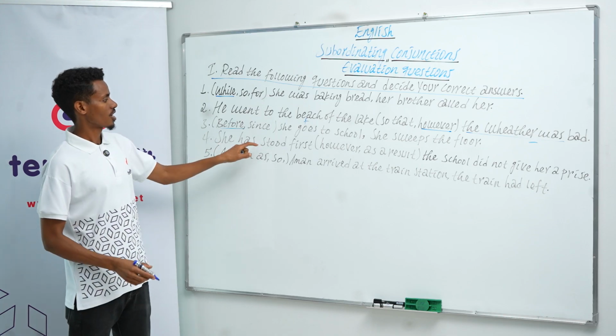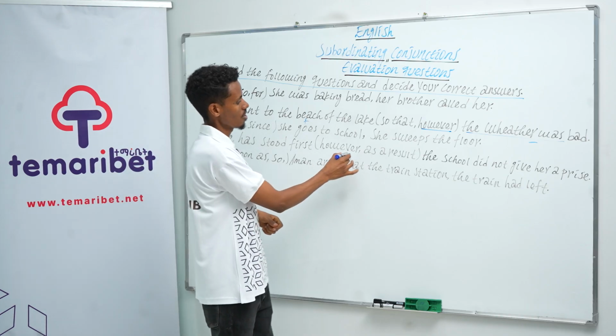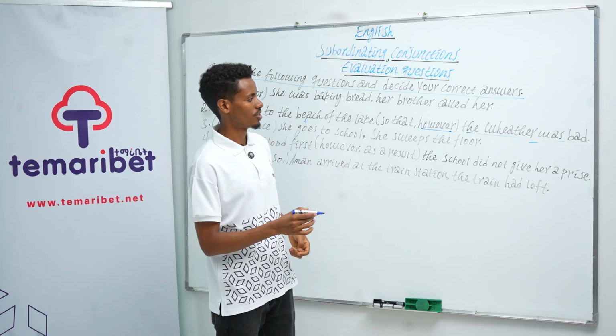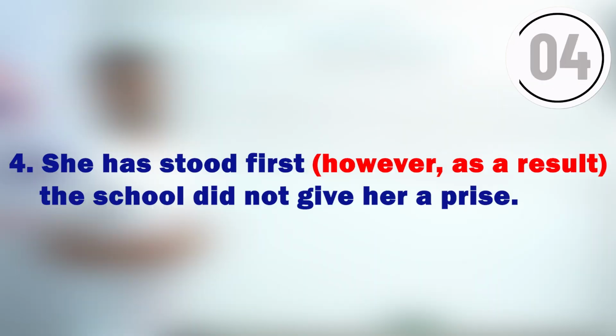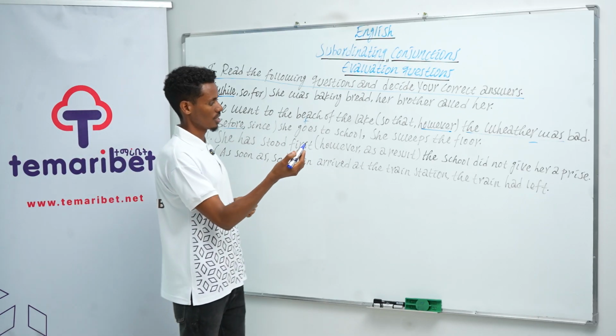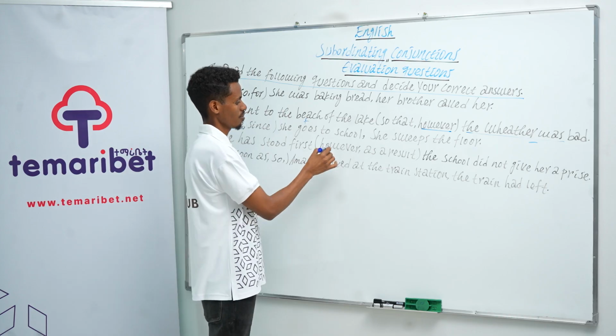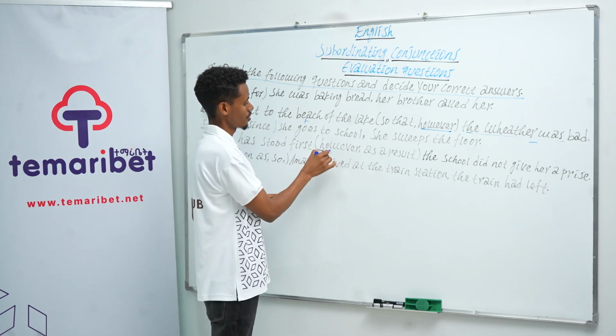The third one: she has stood first in bracket. However, as a result, the school did not give her a prize. Here, the statement declares something and then a negative statement follows.